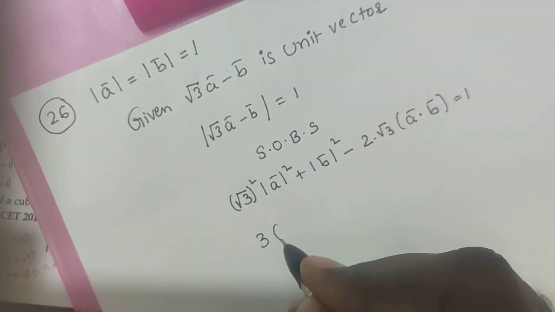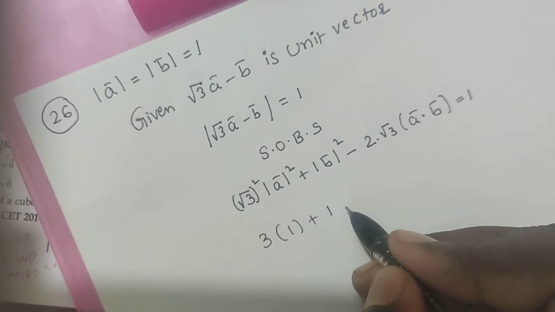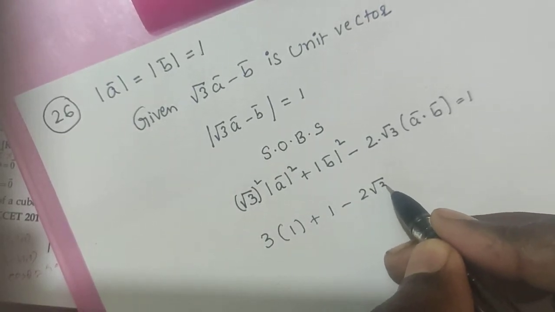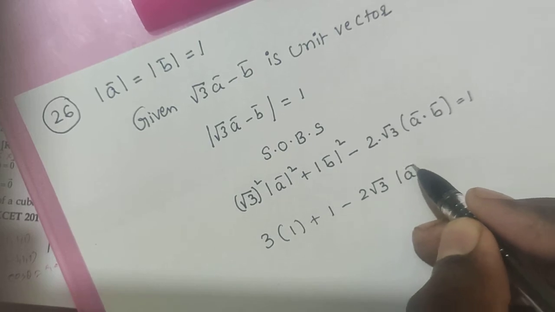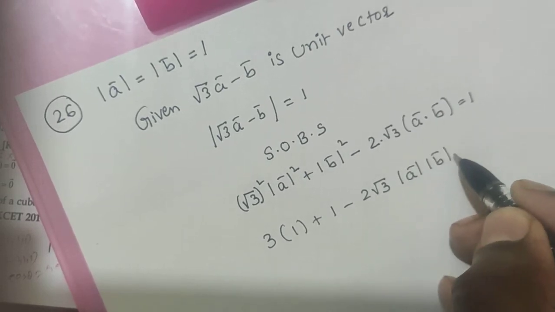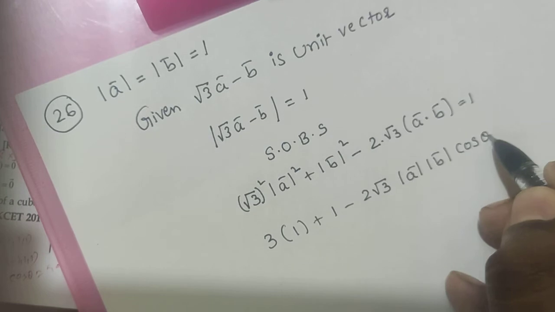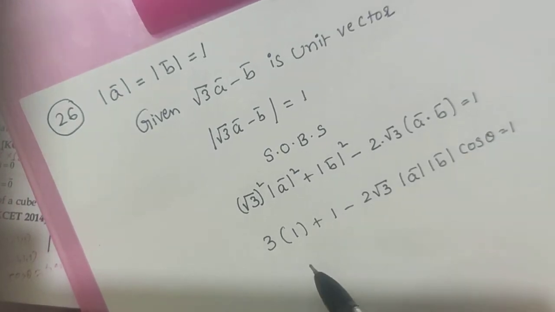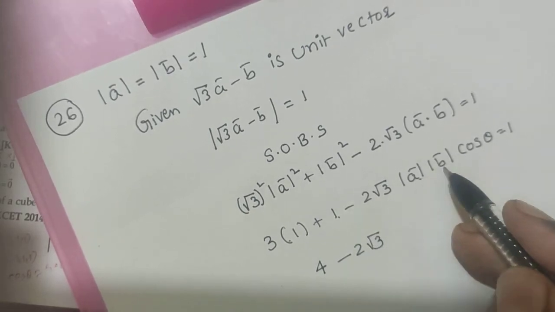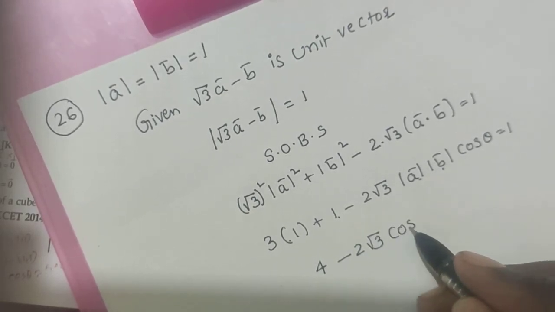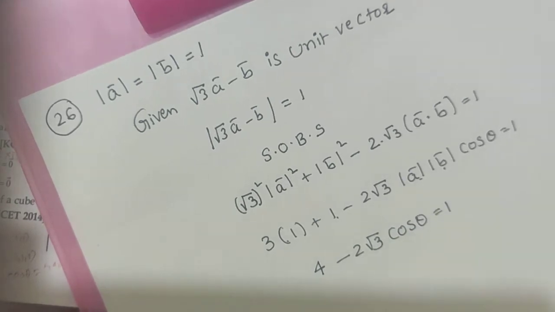Mod a value is 1, plus 1, minus 2 root 3 into a bar dot b bar. Again I can write mod a bar mod b bar cos theta is equal to 1. From this, 3 plus 1 is 4, minus 2 root 3 into this value 1 cos theta is equal to 1.